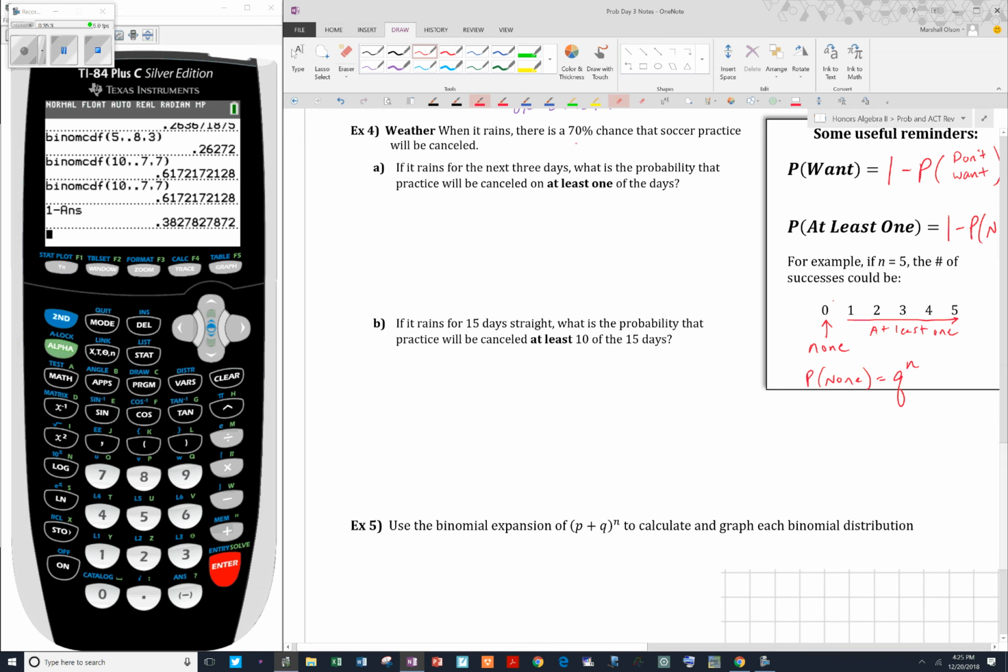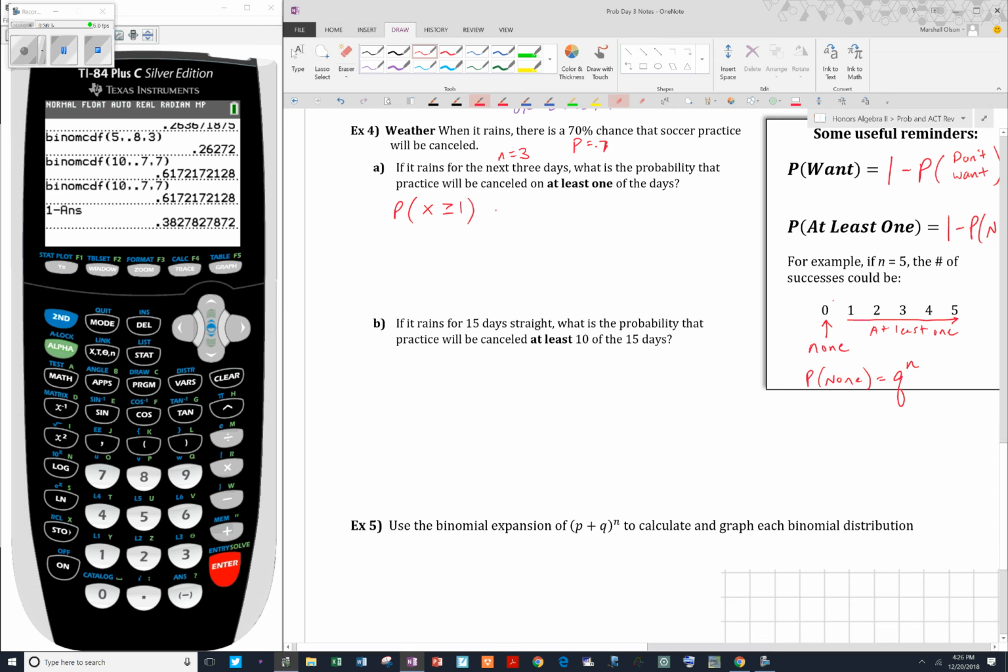So our P is 0.7. We're talking about 3 days here, so N, our number of trials, is 3 days. And we're looking for the probability that it's going to be canceled at least 1, so that X is greater than or equal to 1. Now this is kind of strange because we're saying that canceling practice is a success, because we're letting 0.7, that probability of soccer practice being canceled, be our probability of success, which, if you don't want to go to practice, I guess is true.